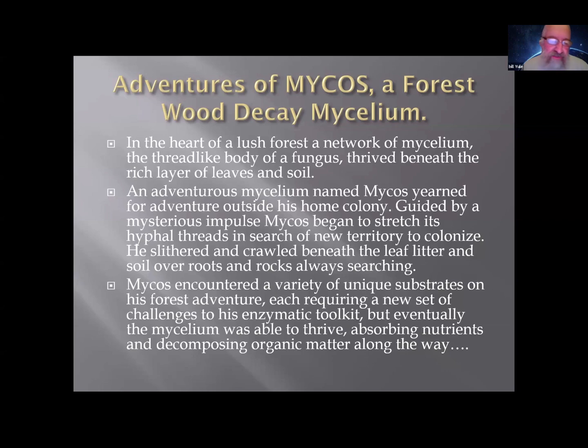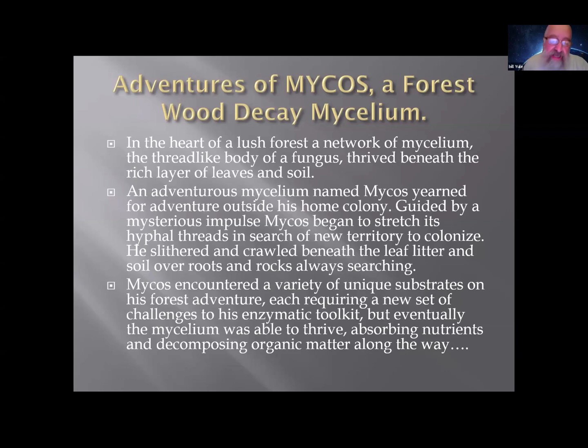And I want you to read along with me the third paragraph. First of all, they named the mycelium Mycos. I thought that was cool. Little Mycos mycelium. Anyway, Mycos is crawling around and he's having adventures. And then it says, "Mycos encountered a variety of unique substrates on his forest adventure, each requiring a new set of challenges to his enzymatic toolkit.